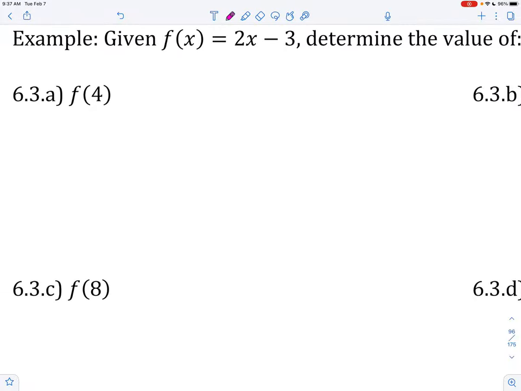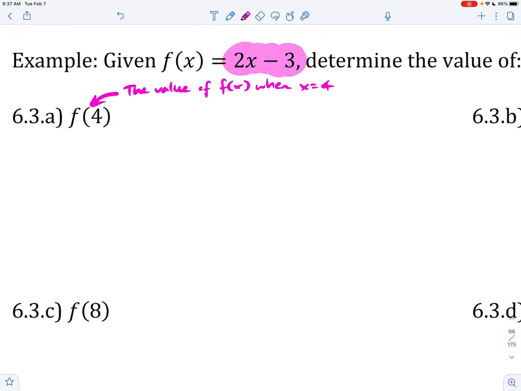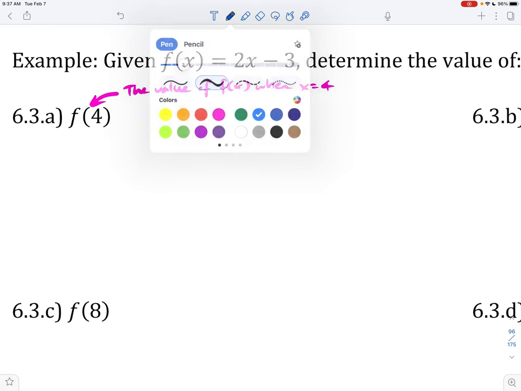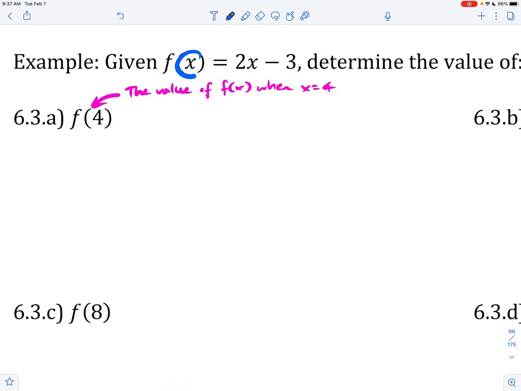If we want to look at something like this, where we have f of 4, that'll be the value of f of x when x is 4. That's what f of 4 means. And we can use this definition of f of x to determine what that is. So since f of x equals 2x minus 3, if we want to find f of 4, since we replaced this x with a 4, we're going to replace all of the x's with 4's.